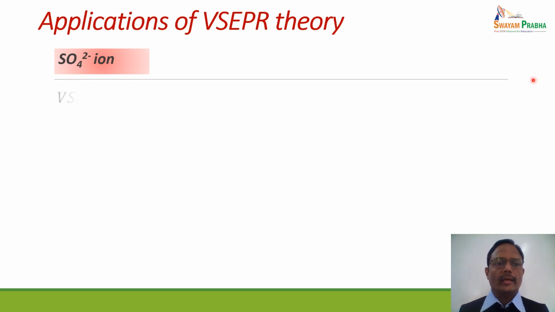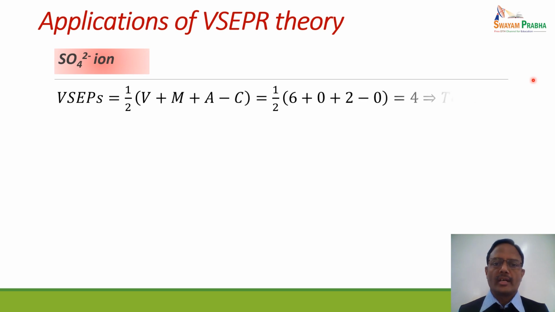We can calculate the number of valence shell electron pairs as half into the number of electrons in the valence shell of sulfur, which are 6, plus 0 monovalent substituents, plus 2 negative charges. So the total number of electrons associated with sulfur is 8, giving 4 valence shell electron pairs, leading to tetrahedral geometry.